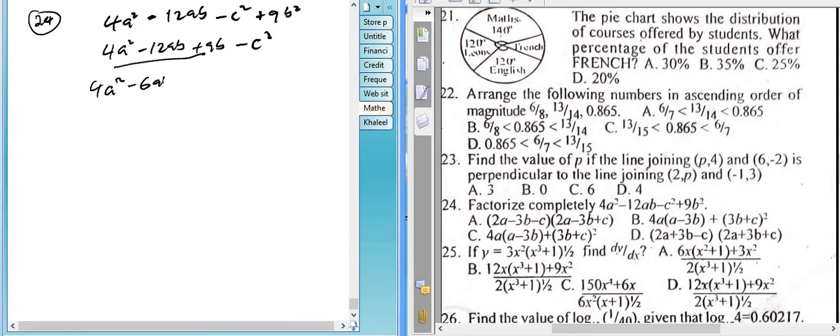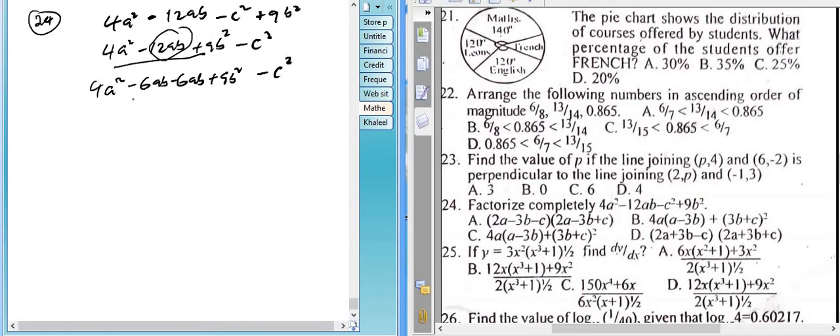Minus 6ab minus 6ab gives the middle term. Multiplying 4 times 9 is 36, and the product of 6 and 6 gives this constant term, so the factors are correct.